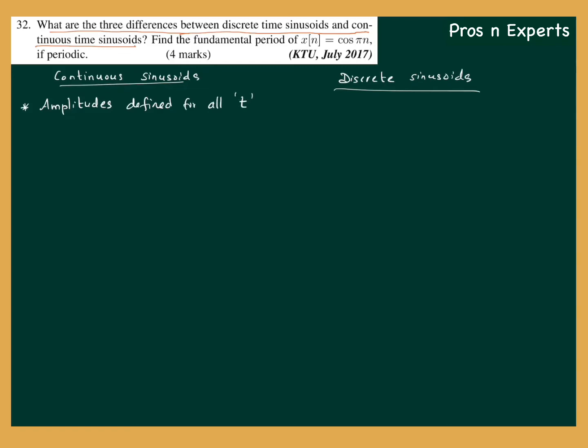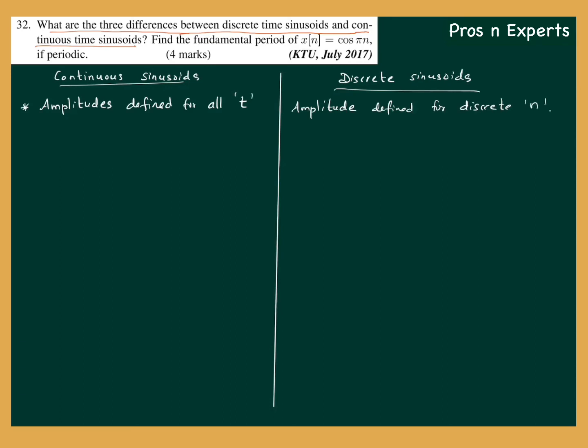But in discrete time sinusoids, the amplitude is defined only for discrete values of t. Amplitude is not defined for all values of t, but discrete values, which we call n.